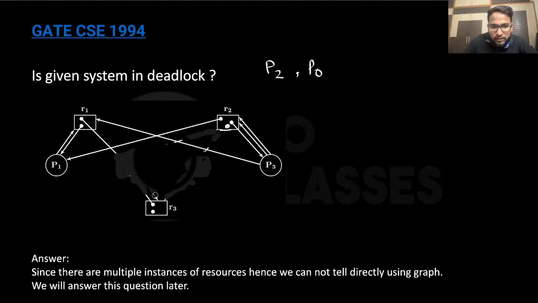Okay. So once P0 is done, let's check if you can satisfy P1 and P3. P1 is saying I'm looking for one resource of R1, and that you can definitely satisfy. So P1 is done. And then once P1 is done, this resource will be free, and then you can also do P3.